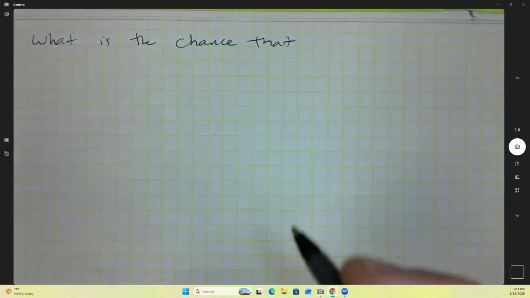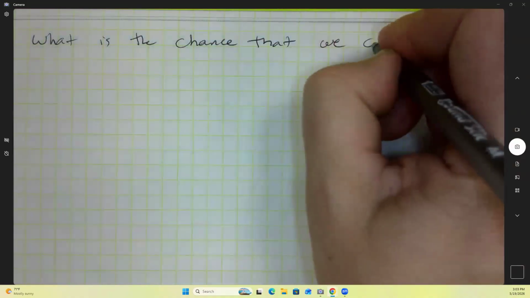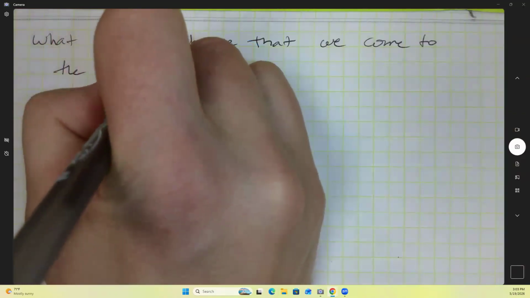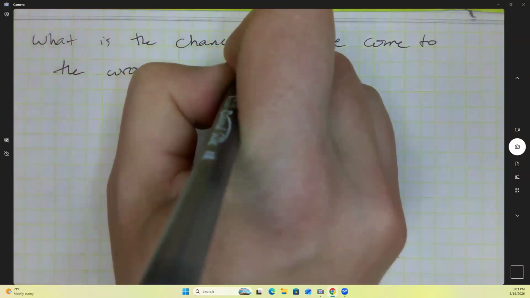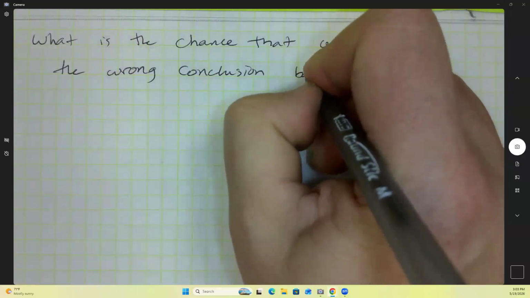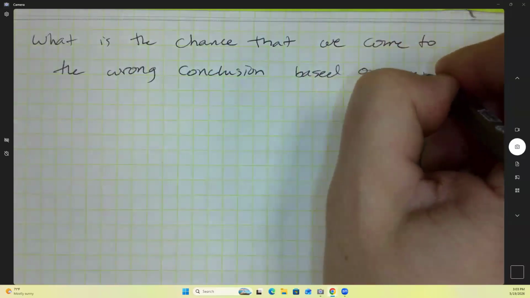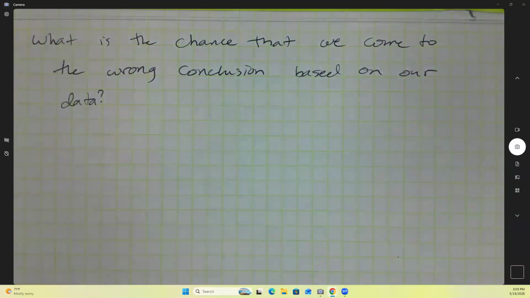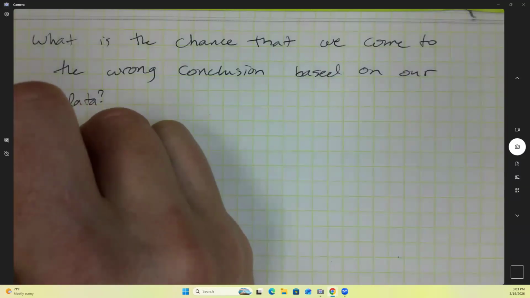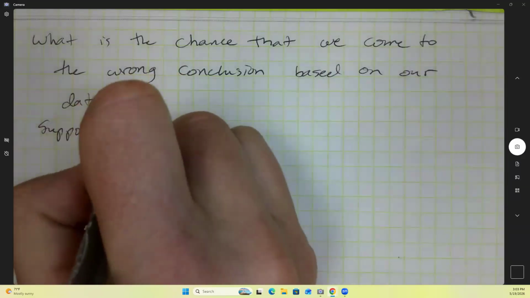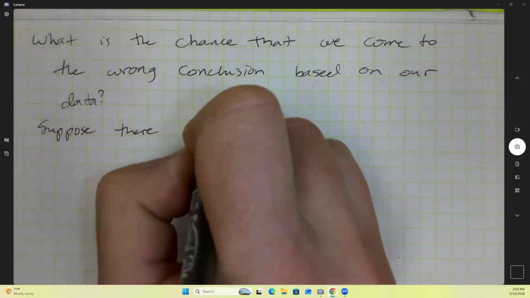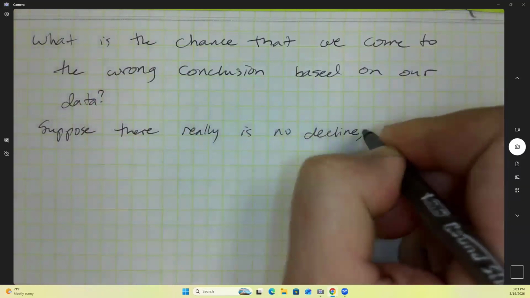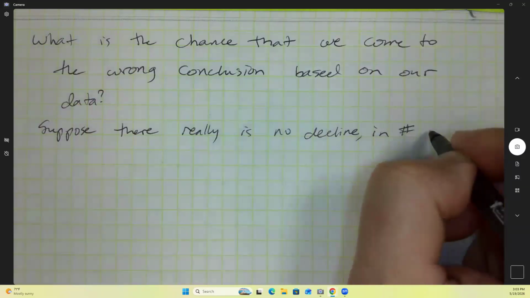And my first question is, what is the chance that we come to the wrong conclusion based on our data? So let's use this example. Suppose there really is no decline in the number of spines.